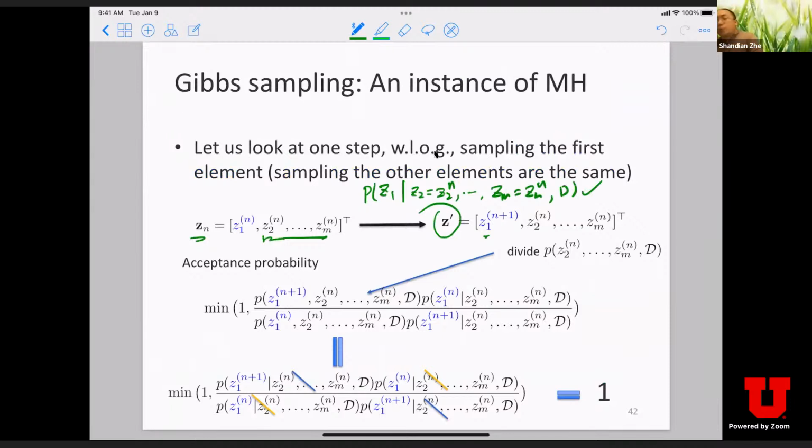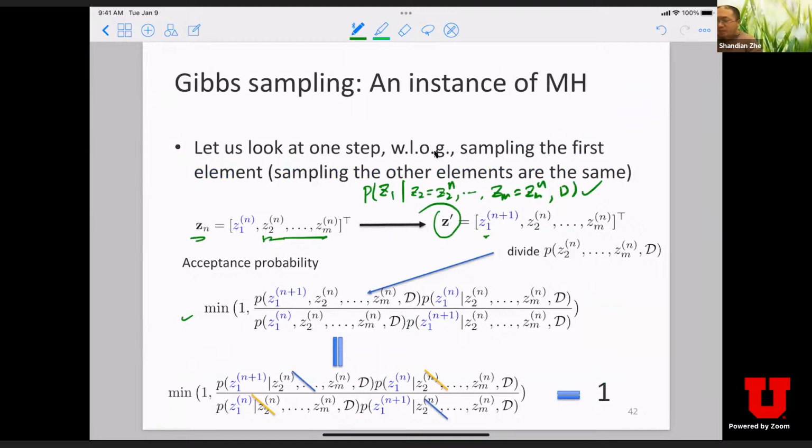We use this conditional distribution to generate a proposal. Then in the Metropolis-Hastings framework, given this proposal, how much probability are we going to accept it? So we need to compute the acceptance probability.